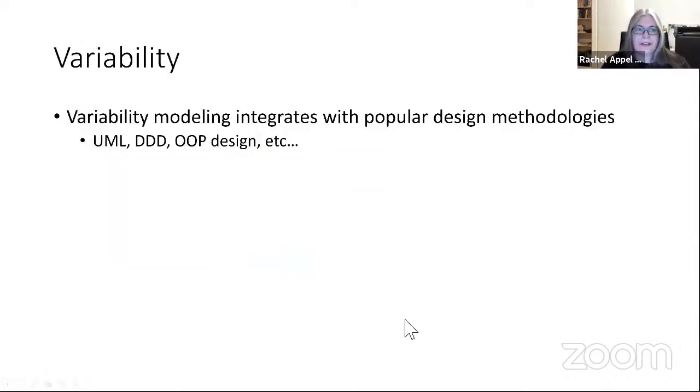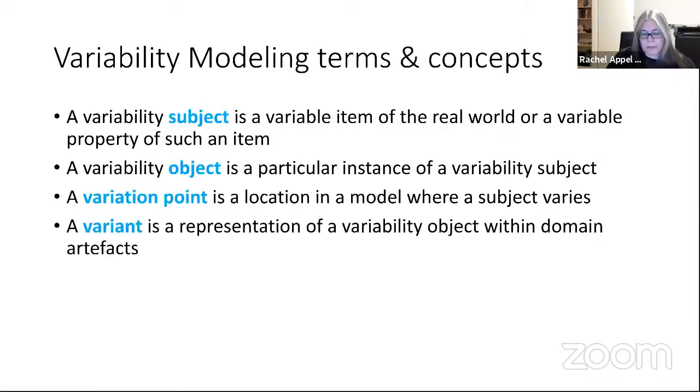Then we get to the variances or variabilities. Here's where it's going to integrate with your popular design methodologies. Maybe you're using UML or some sort of object-oriented design. You can then make what's called a variability model, and that can run alongside your UML or your other design artifacts. A couple of terms from variability, from the pedantic academic literature.